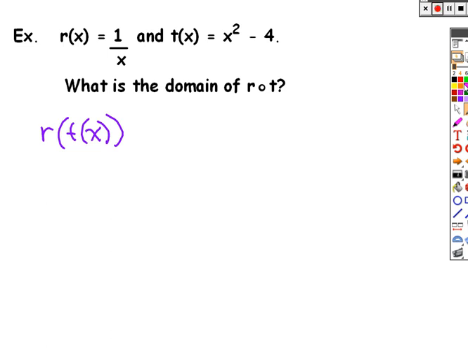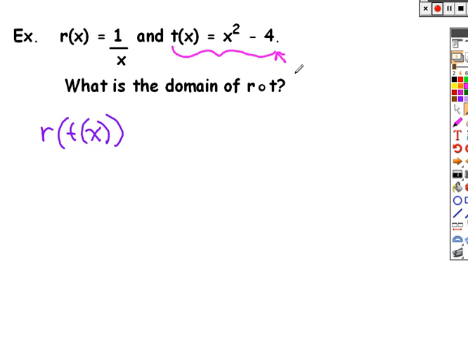So the first thing I'm going to look at is this original function that I'm starting with. Is there anything that I can't plug in for x? Is there anything I can't square and subtract 4 from? No. So for this quadratic function, I actually don't have a problem. The domain of t would be all real numbers.